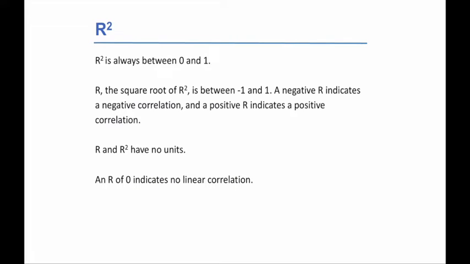A negative R indicates a negative correlation. A positive R indicates a positive correlation. R squared is not going to indicate the direction of the correlation. R and R squared have no units. They're just numbers. And an R of 0 is no linear correlation.